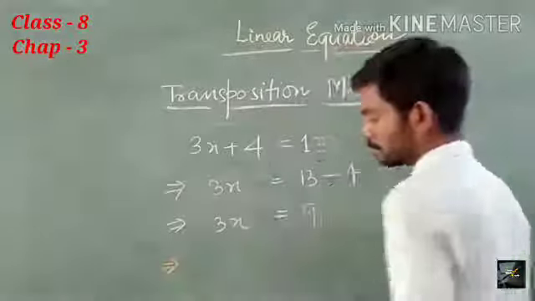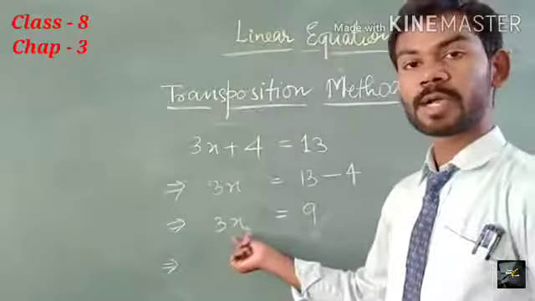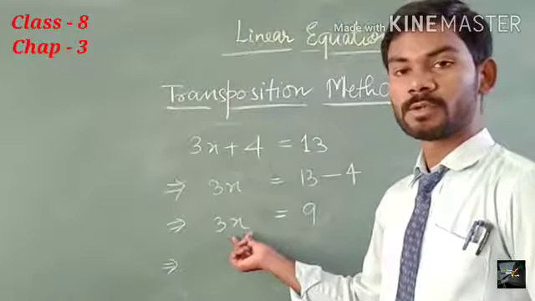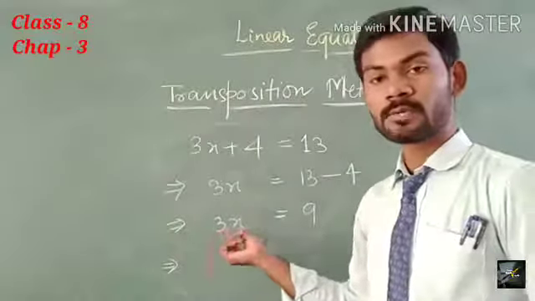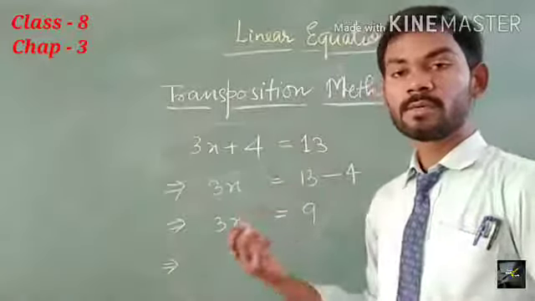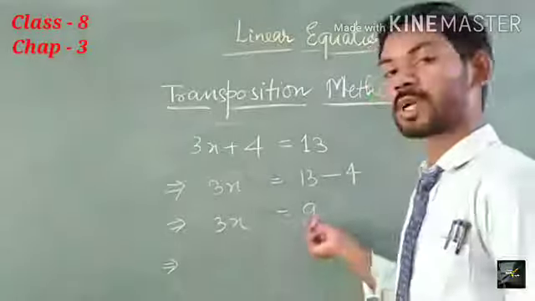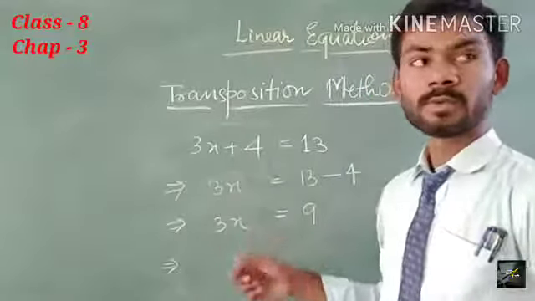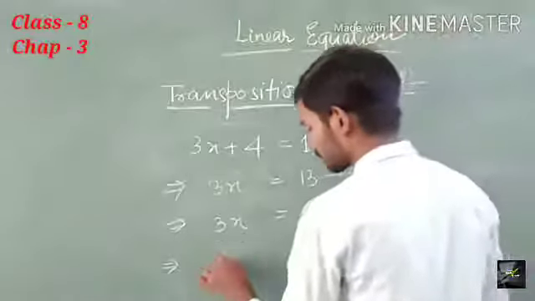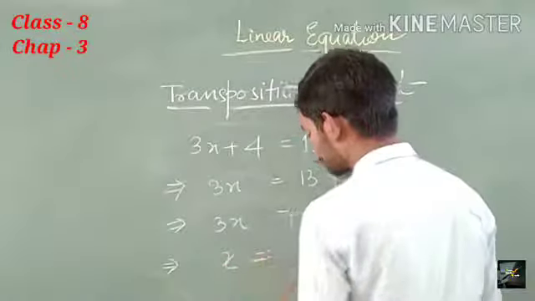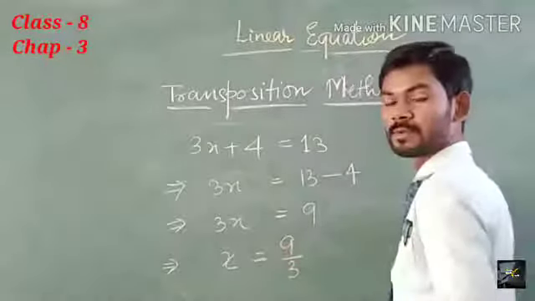In the next step, 3 is multiplied with x. Therefore, 3 is the constant and x is the variable. So when the constant is transferred to the right side it becomes divided, and here we get x is equal to 9 upon 3.